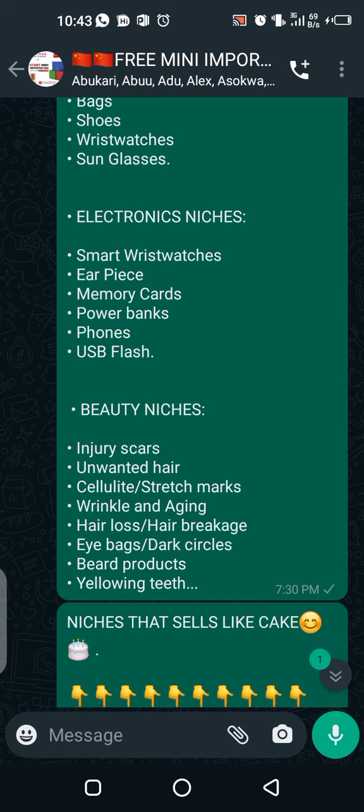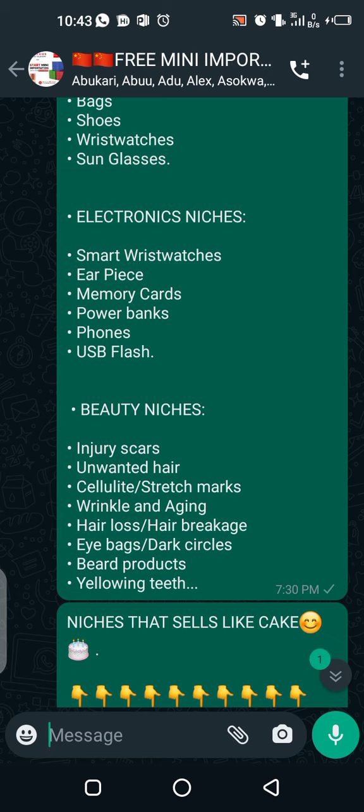So how do we know the amount we are supposed to pay a supplier for a product? Let's say I saw a shoe on the site or on the app and I'm interested in it. Since it is in their currency, the Chinese people will say the price of the shoe is, let's say, 20 RMB or 20 yuan.